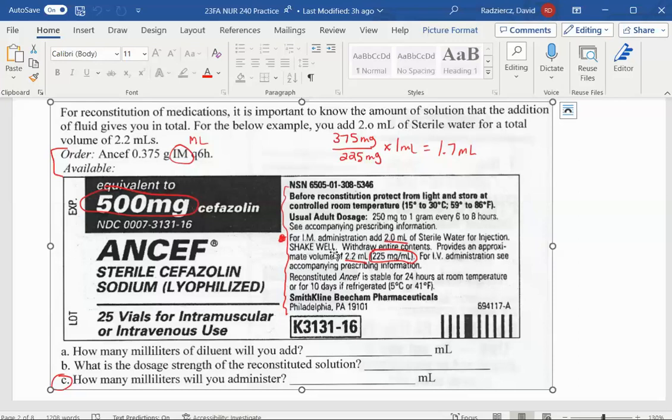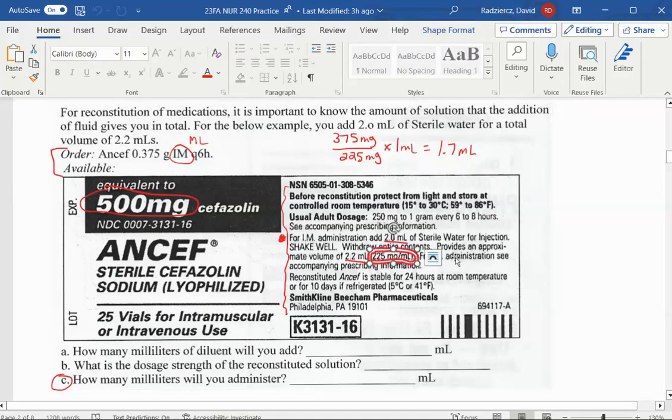But you don't need to worry about doing that because it tells you specifically that once you add the 2 milliliters of sterile water, that will bring you to a concentration of 225 milligrams per milliliter. So that's what you're looking for. You have to look for it on this particular label, which is a little bit different. And just letting you know what that looks like, just in case you see it.